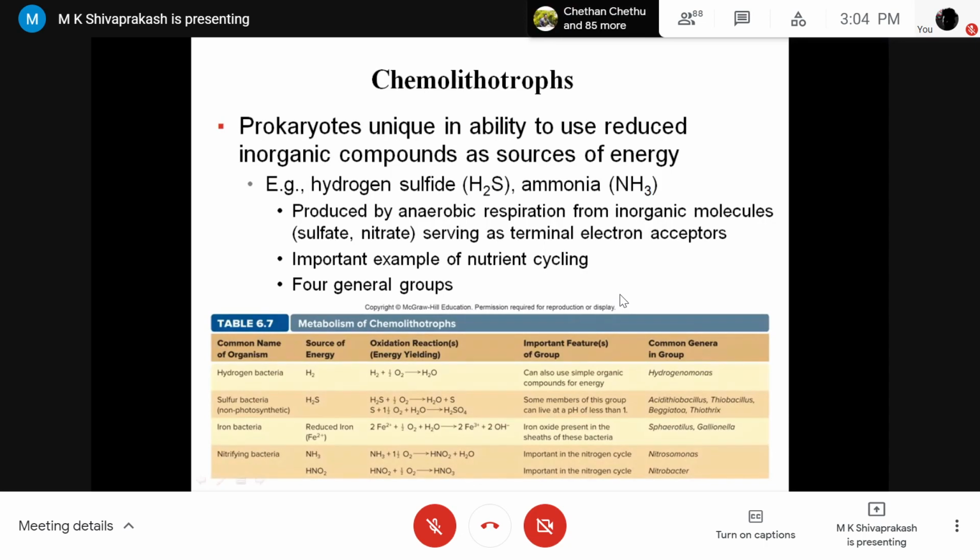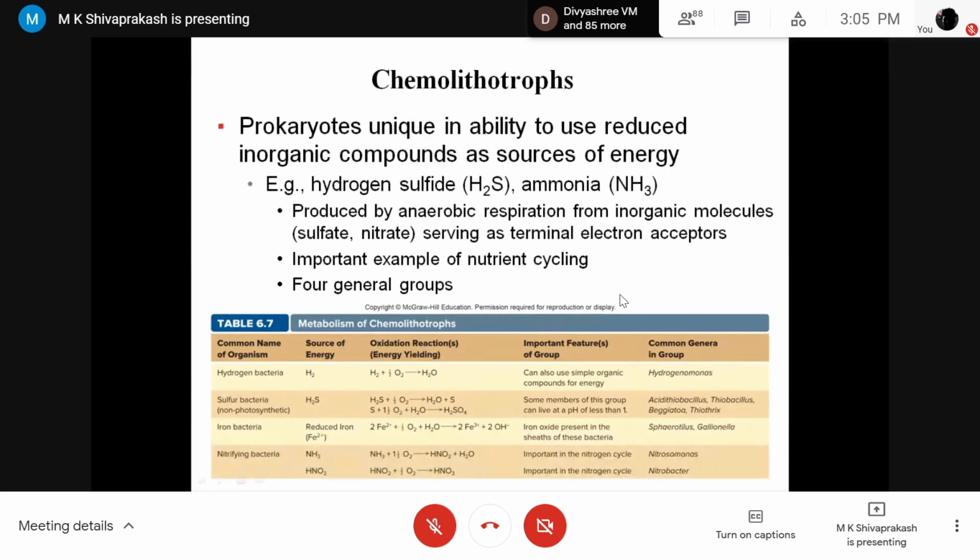Or when nitrate or nitrite is used as terminal electron acceptor, it results in the production of ammonia, a reduced nitrogen compound. It is given here: hydrogen sulfide or ammonia, produced in anaerobic respiration from inorganic molecules such as sulfate and nitrate serving as terminal electron acceptors, are made use of by these organisms for generation of energy.